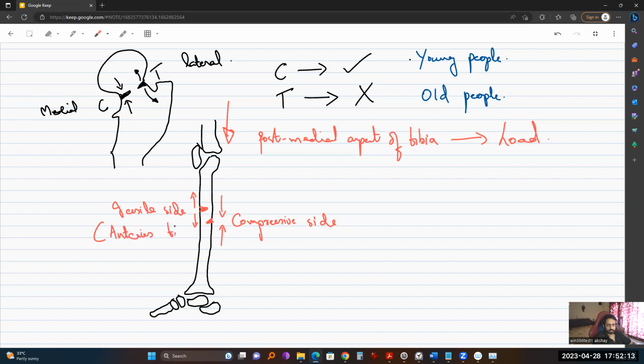So obviously, since this is the tensile side, fractures in the anterior tibia do not heal very well. And since the posteromedial aspect of the tibia is the compressive side, fractures here heal very well.